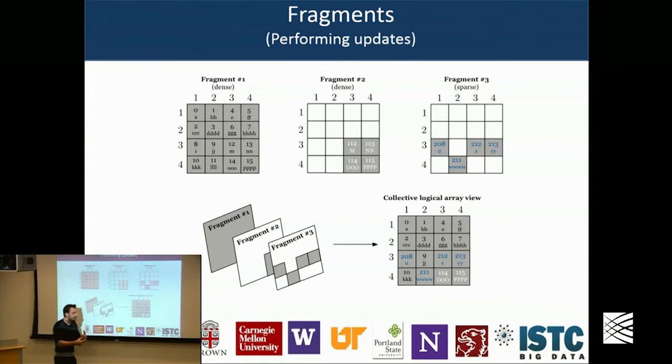Because when we read, essentially we have these three fragments, and the logical view is this. This is what the read is going to focus on, but it's going to operate on these fragments. And this is where we have a very nice algorithm for doing this very, very efficiently by not searching on every array separately.